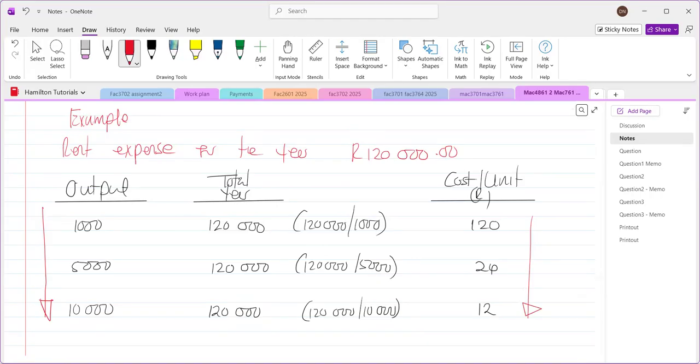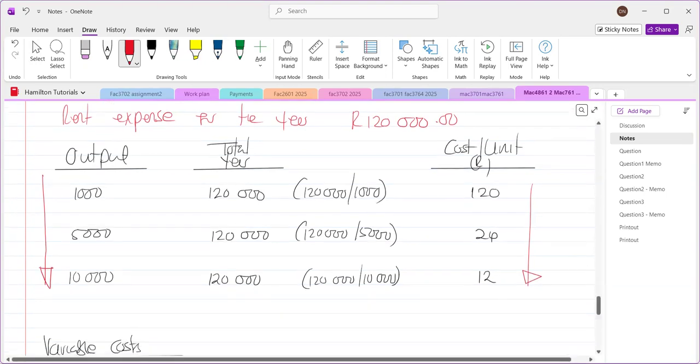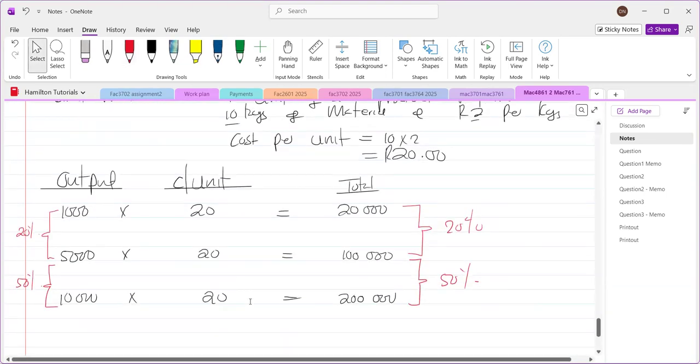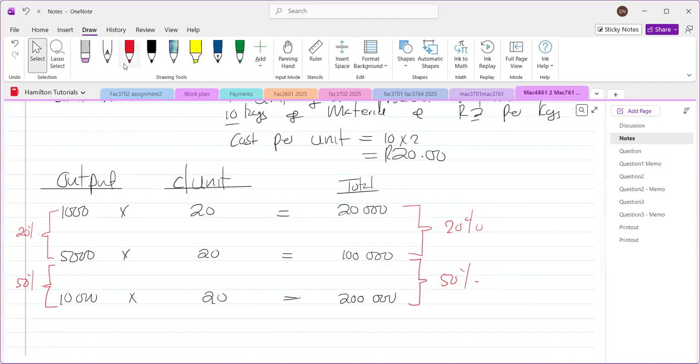When I'm manufacturing some units, it doesn't matter on the variable manufacturing costs. In terms of the unit cost, it doesn't matter how many units I produce, it will be the same. But overall, when I take my cost into account, including the fixed cost, the cost per unit was bound to reduce, because the fixed cost per unit will be reducing as we are increasing output.